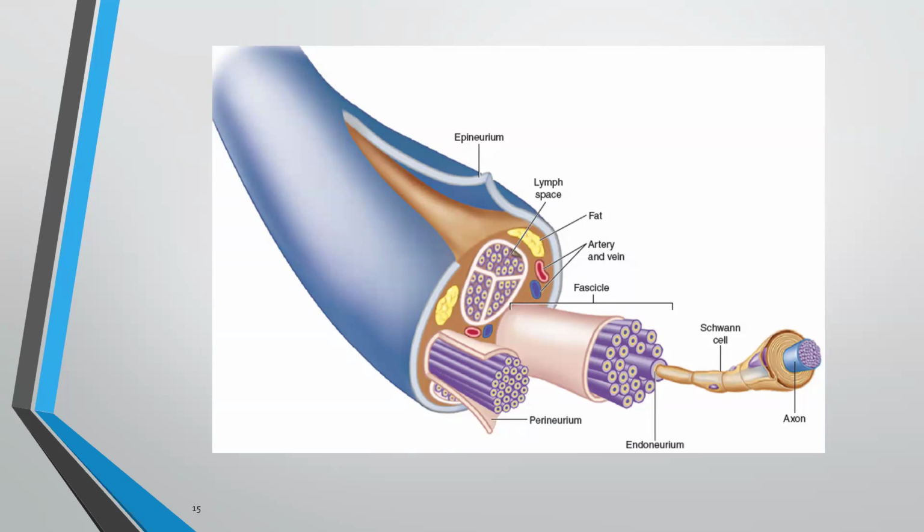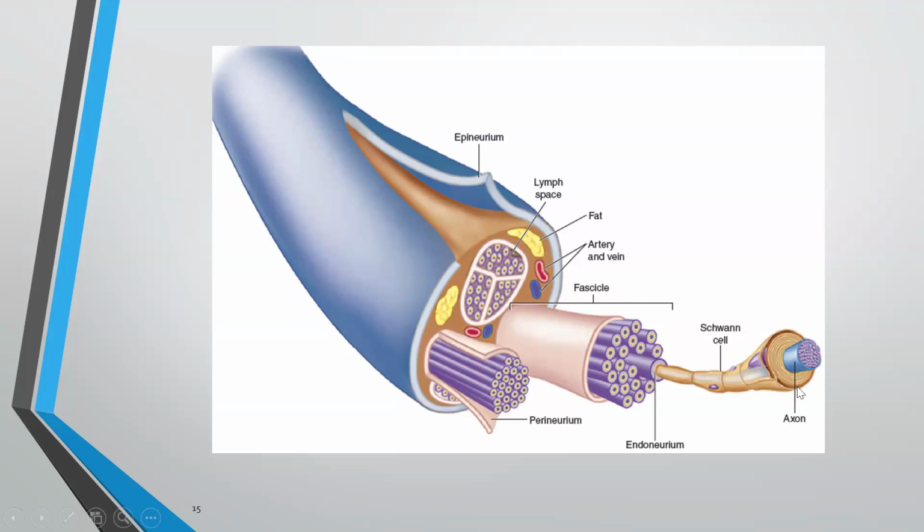This illustrates the nerve. Each nerve contains axons, and they're bundled into fascicles. A connective tissue, the epineurium, wraps the entire nerve. Perineurium surrounds each fascicle, and the endoneurium surrounds each axon.